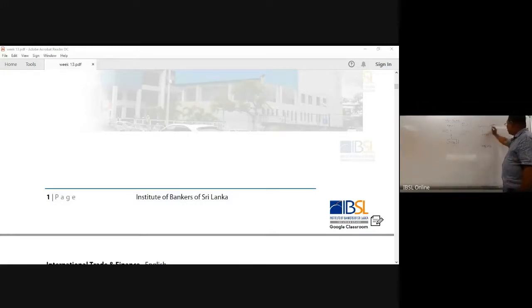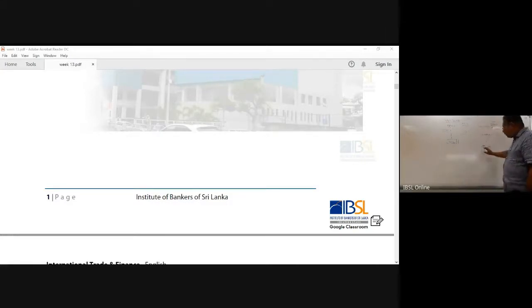Our beneficiary is in Osaka, Japan. So the LC is getting detoured now, and they request the Bank of Tokyo to advise the letter of credit to Japan, to Osaka.